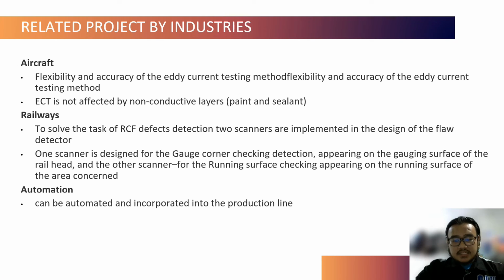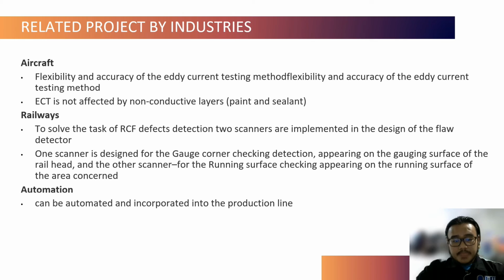Additionally, ECT is not affected by non-conductive layers such as paint and sealant, requires minimum part preparation before testing, and does not need direct contact with the part. Other aircraft parts that can be inspected with eddy current include engine blades, propellers, rotors, fasteners, and hulls.